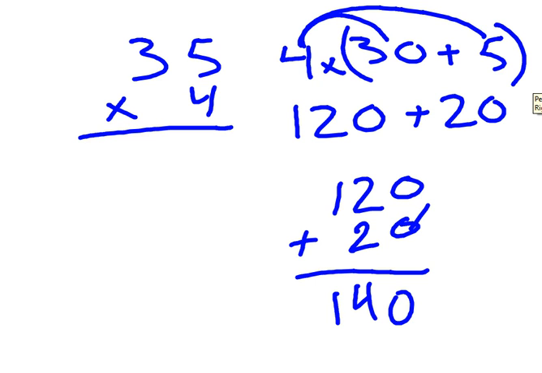Wait, didn't I multiply 4 times 5 already? I did. And what do I get? What's 4 times 5 equal? 20. Okay, so I'll put my 0 down here, and my 2 up here. Look, 20. Don't I have 20 right here? I do, don't I? Okay.